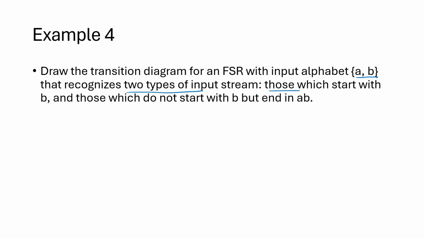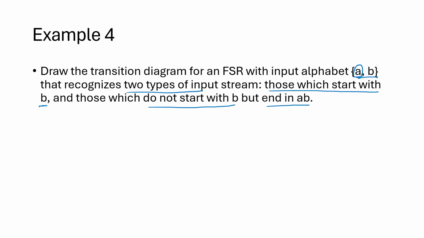Those inputs that start with the letter B, so it can be B followed by anything, or it could be that they do not start with a B, so they start with the letter A and end in AB. So it should either start with a B and then no matter what follows, or if it starts with an A, it should end with AB to be accepted. So 2 separate patterns, and both of them should be accepted by the machine.